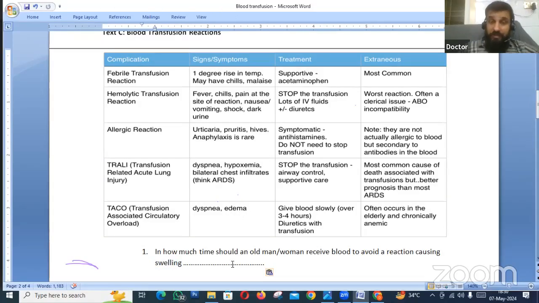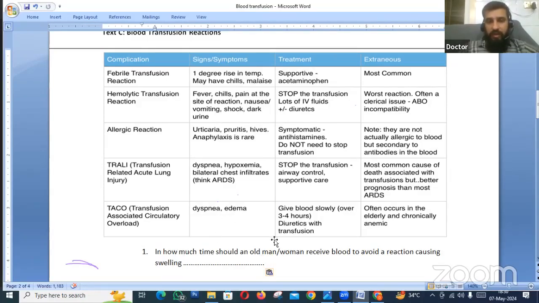I have some questions in which you can find the edema or swelling in two lines, here and here also. But then I will give you another keyword to tell whether your answer is in this line or that line. Here it was only in the last one. Then you need to see edema. This is the reaction.